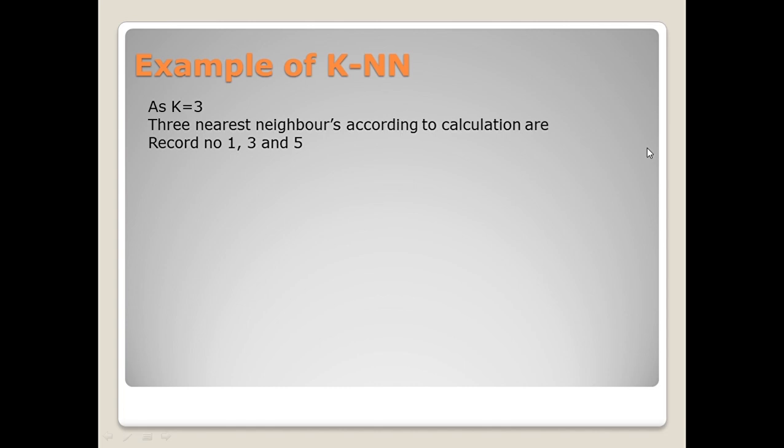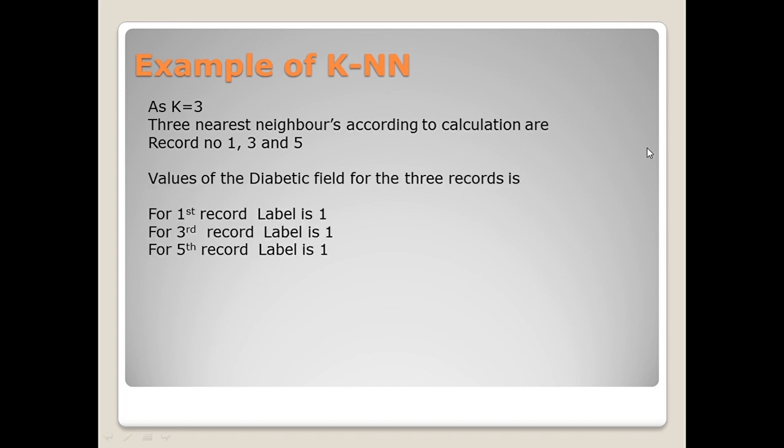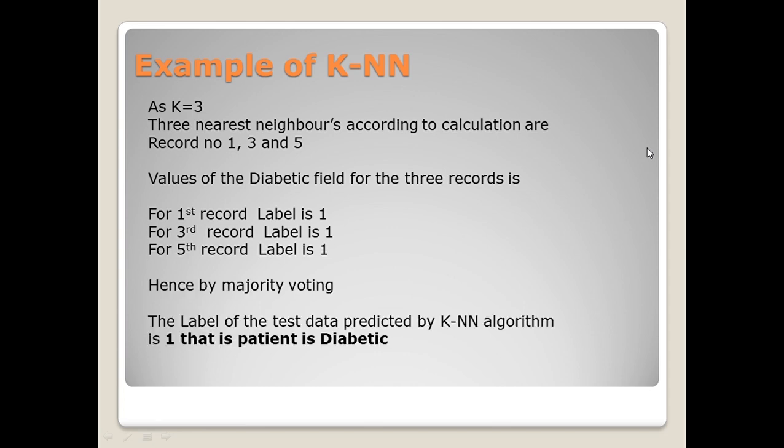Hence the nearest neighbors according to the calculations are record numbers 1, 3 and 5. The values of the diabetic field for the 3 records are, for the first record label is 1, for the third record label is 1 and for the fifth record also label is 1. Hence by majority voting, the label of the test data predicted by the k-nearest neighbor algorithm is 1, that is, the patient is diabetic.